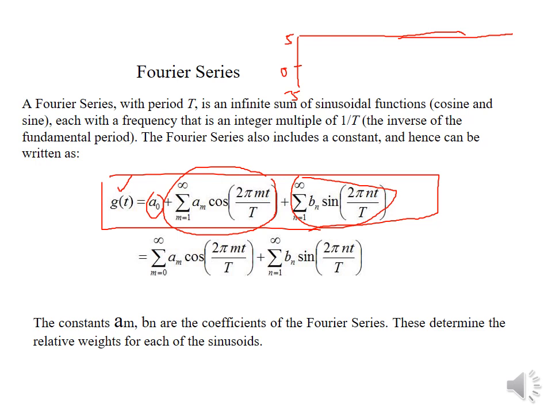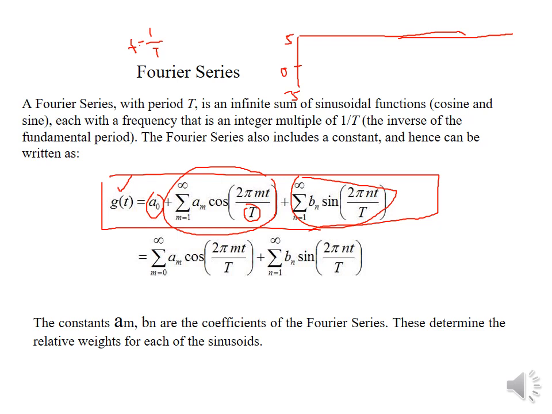And here we have the summation from m equal to 1 to infinity of a_m cos(2 pi m t over T). This T is the time period, and 1 over the time period is actually equal to frequency. So recall your school trigonometry.